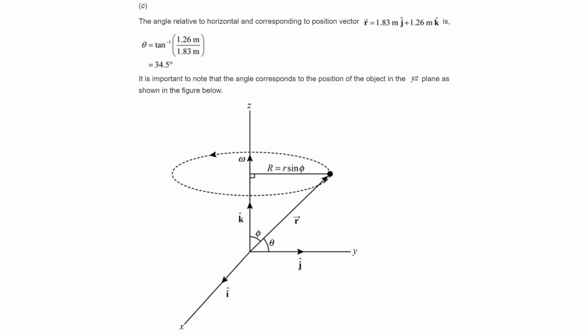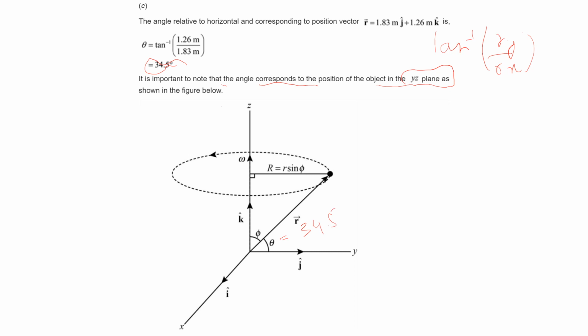Now we have to find an angle between the horizontal and the corresponding position vector. Just as we know, tan inverse of y over x, we've been given that value, 13.45. It is important to note that this angle corresponds to the position vector of the object in the YZ plane. As shown in the figure, and this has been clearly illustrated here, theta is equal to 34.5.